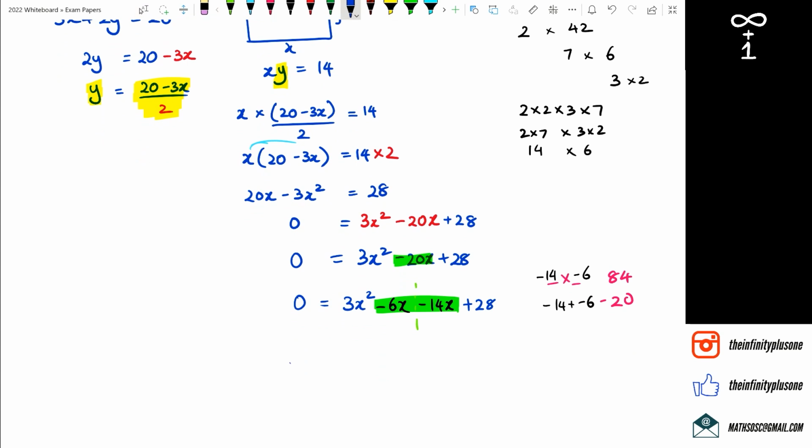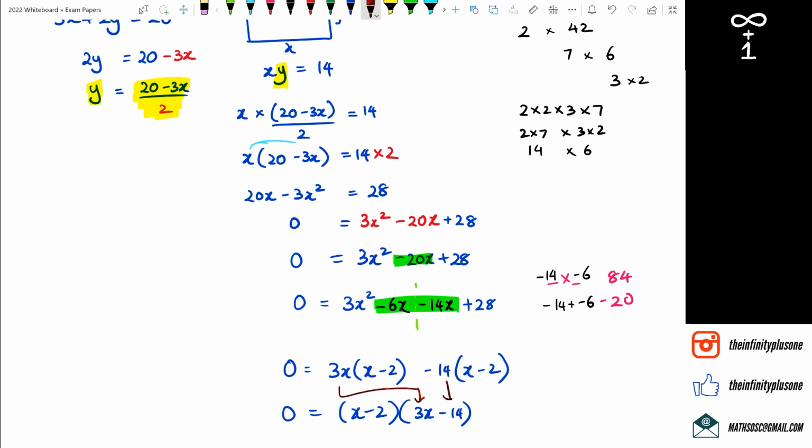So we've got 0 is equal to 3x(x minus 2), and then we've got minus 14(x minus 2). So 0 is equal to (x minus 2)(3x minus 14). There's the 3x, there's the 14. We are good so far.